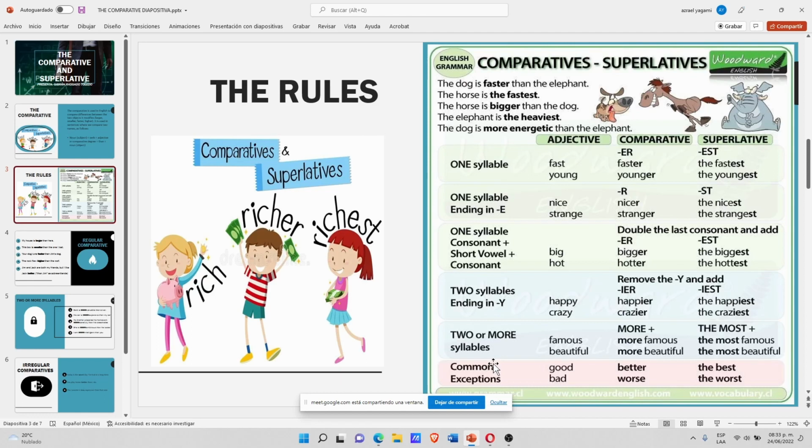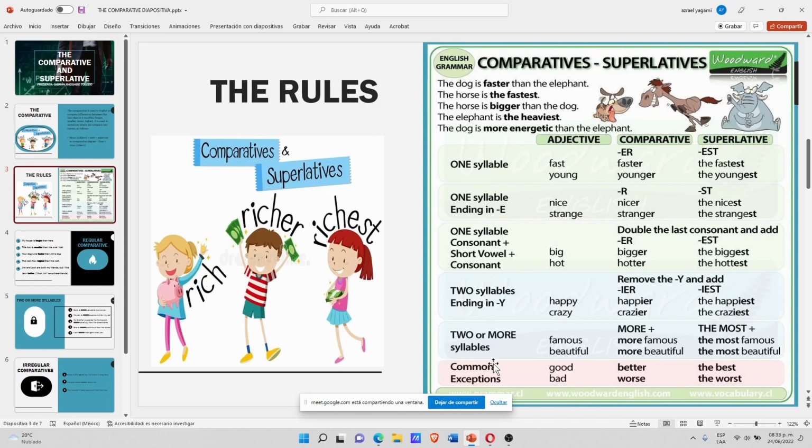But we need to learn about the superlative too. The superlative is very easy. It's similar to the comparative, but in this case we add est. Fast, faster, and finally fastest. Young, younger, and youngest.